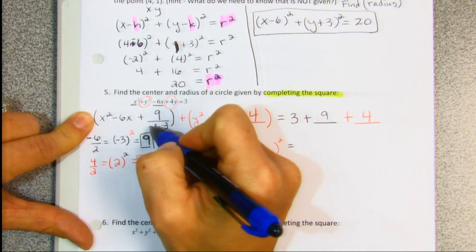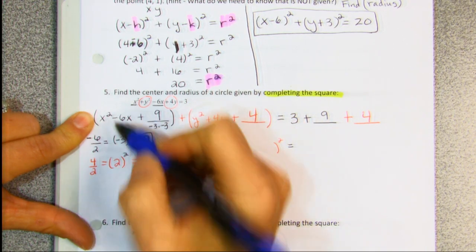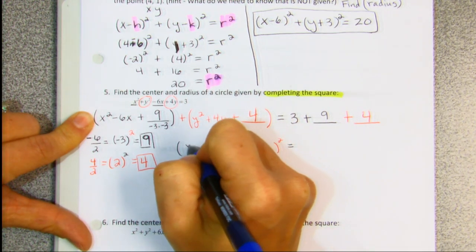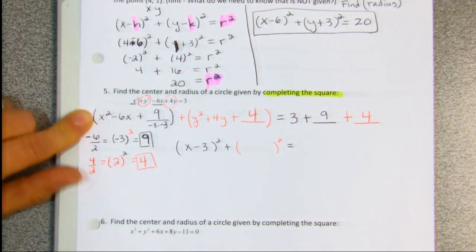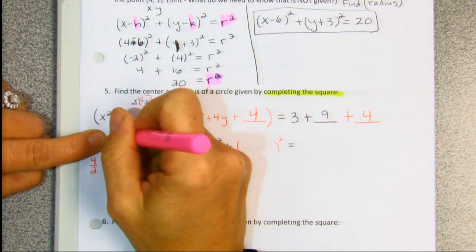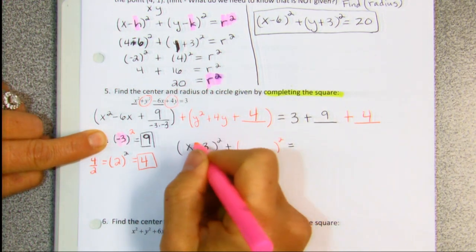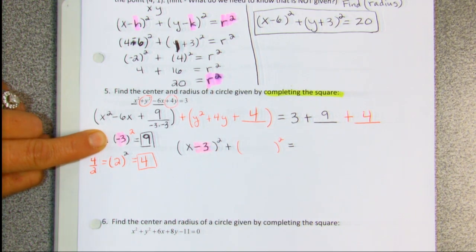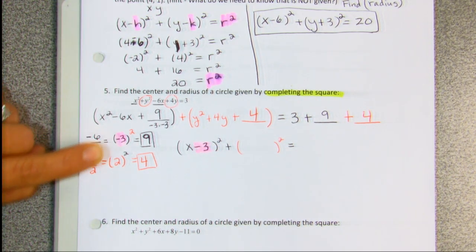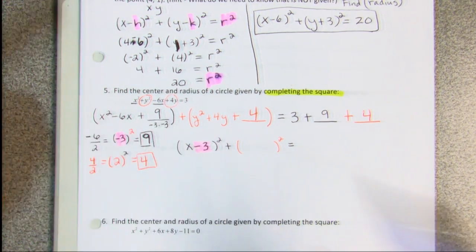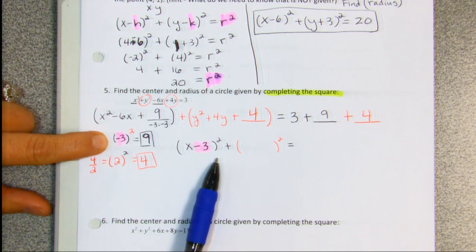If I add those together, because they're both negative, it would make a negative 6, right? So in our factoring, we just put x minus 3. Remember that pattern: this number is the same as that in your factoring too, right? You took this number and squared it to make that number. Now we're pulling it back apart to factor it.